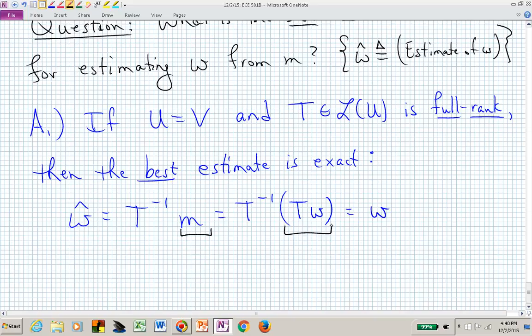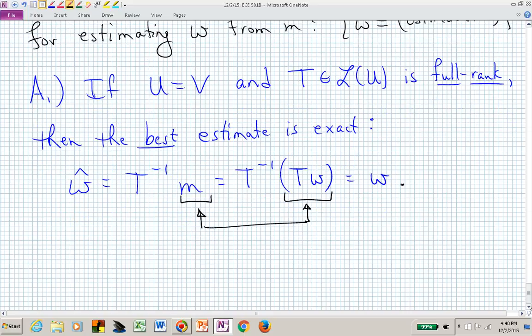So now we're using this relationship between M and W to show that, in fact, the best estimate is indeed the actual vector. And we can do that because now the inverse of T exists.